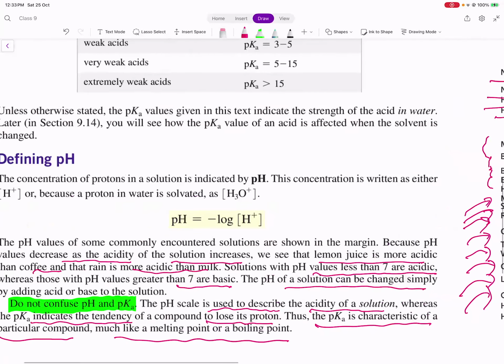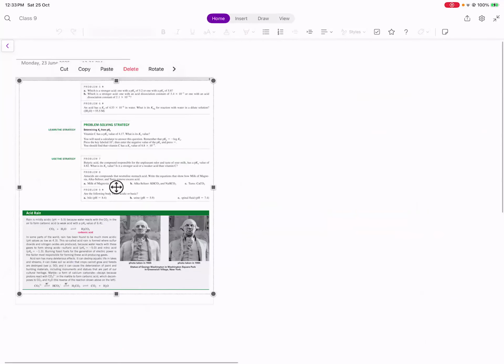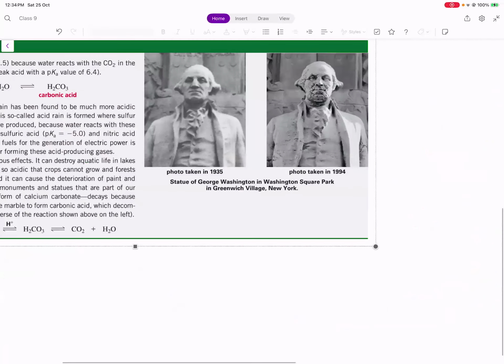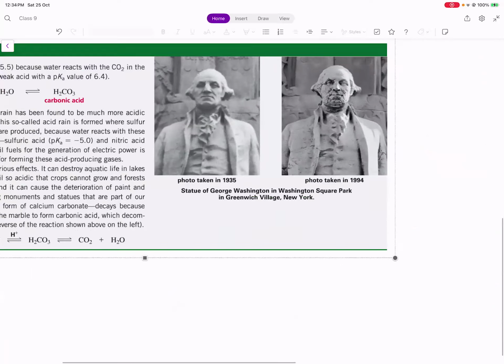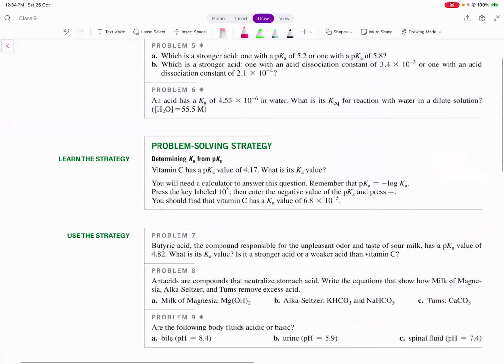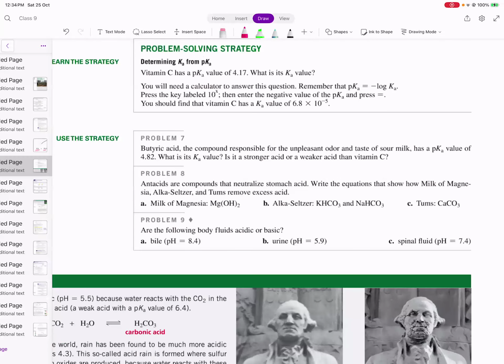Okay, so this is defining pH. Now you can open in an alternate window also and we can start. You have to do these questions now. For some, you have to take the help of this.